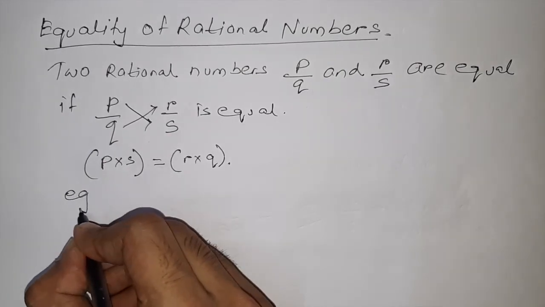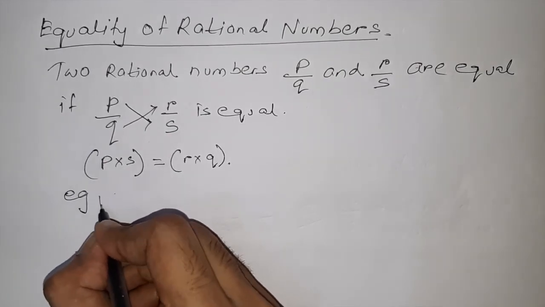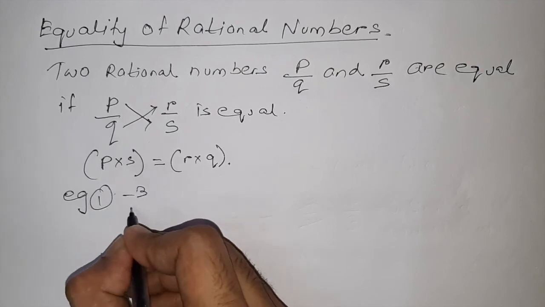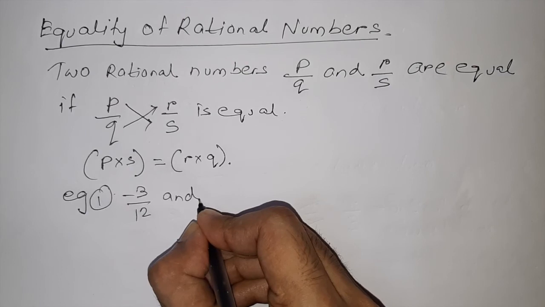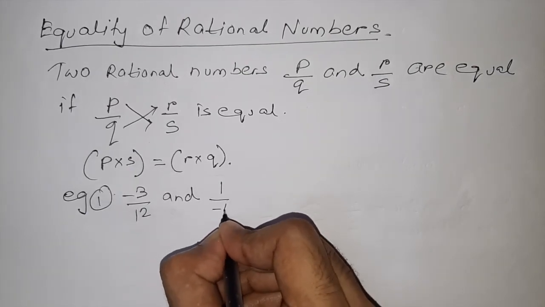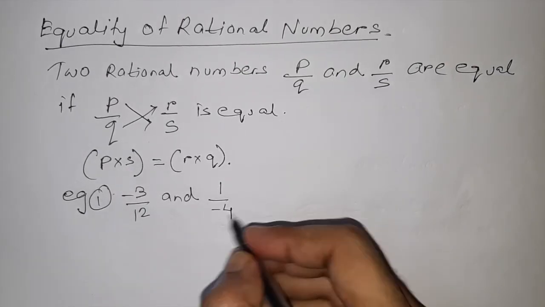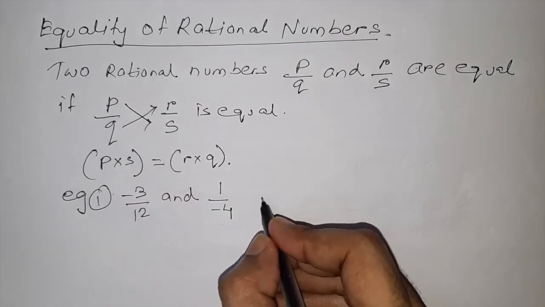Example: -3 by 12 and 1 by -4. Let's check in this way.